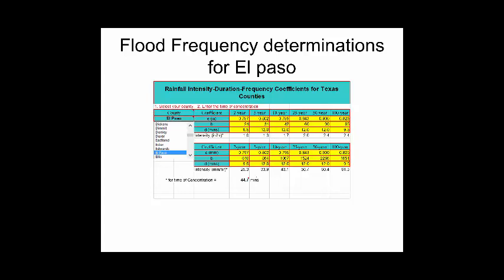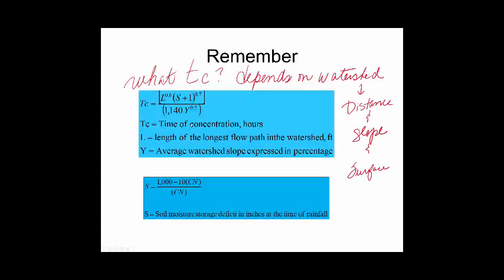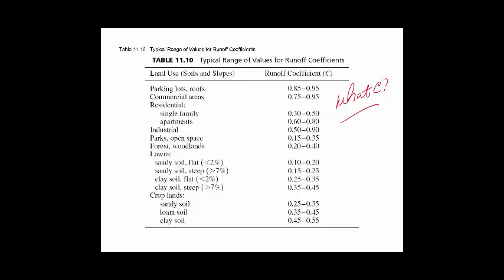Okay, so in this Excel page, you just change the time of concentration, which you would use for your duration of the storm for design purposes, and then you have the intensity in millimeters per hour or in inches per hour. So how do you determine the time of concentration? Remember, we use these equations.